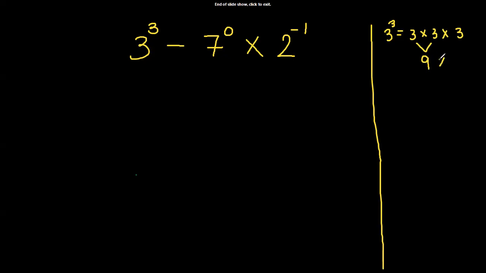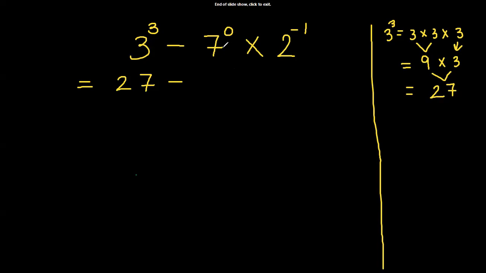Multiplied by 3, 9 times 3 is 27. So that means 3 to the third power is definitely 27.